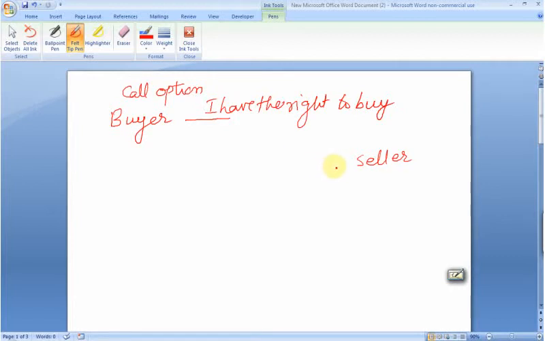So where does it leave the seller? It says, okay, if you have the right to buy and if you decide to buy, I have the obligation to sell. So the buyer has a choice.